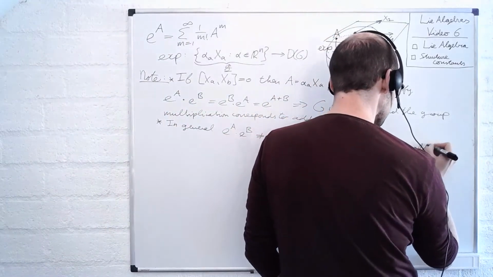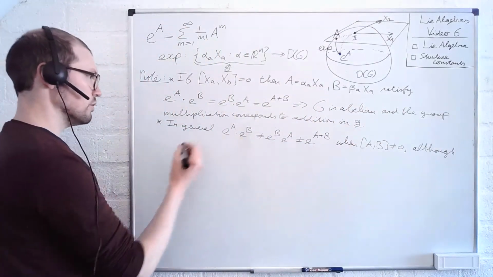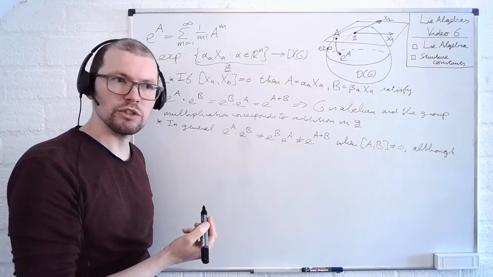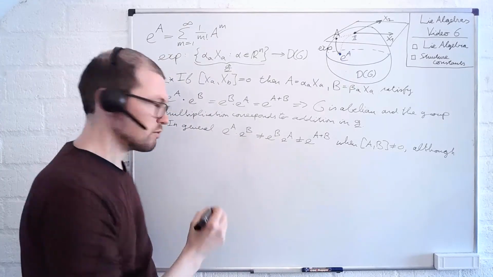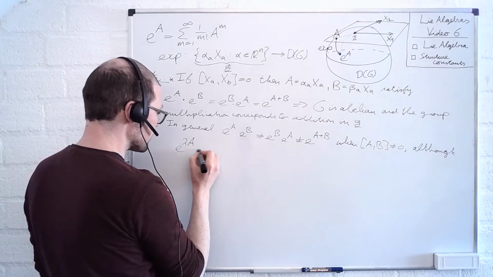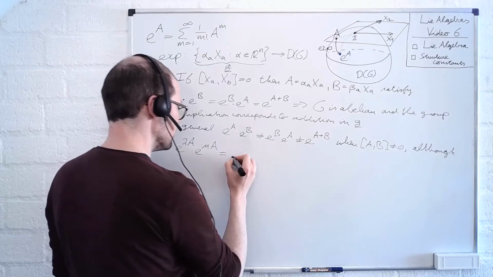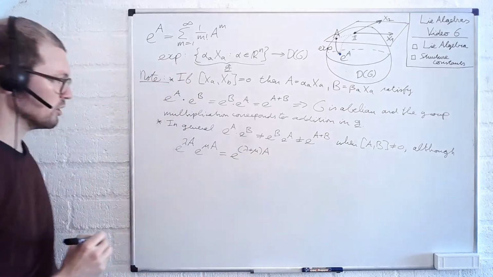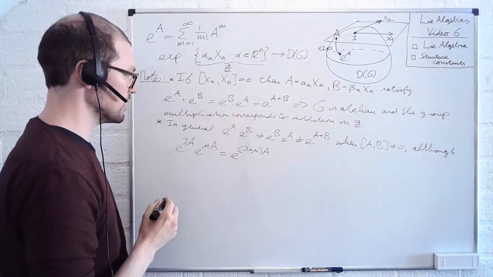Now, one should note that you often encounter these kinds of multiplications of exponentials when you do have matrices that commute, in particular if they're just linear multiples of each other. Although we do have that the exponential of a linear multiple of A times the exponential of another linear multiple of A is going to be the exponential of the sum of those linear multiples, by the same reasoning as for the abelian group.